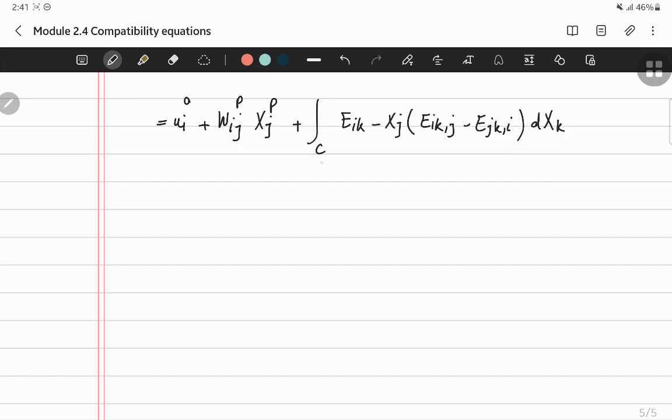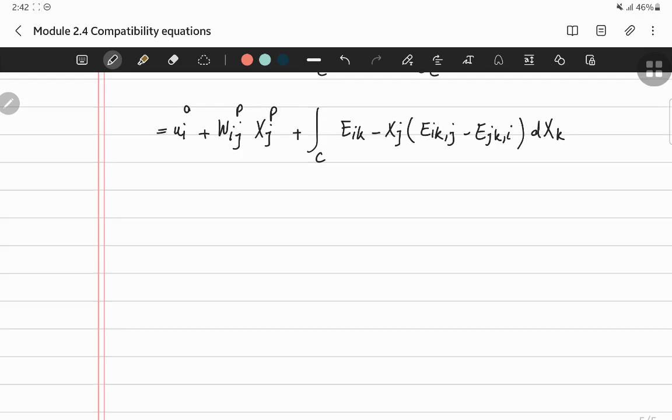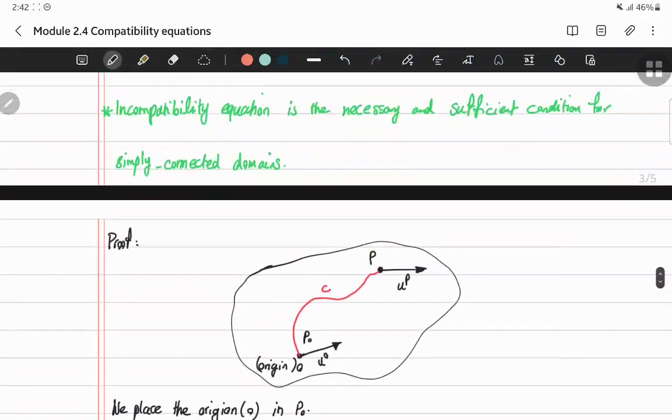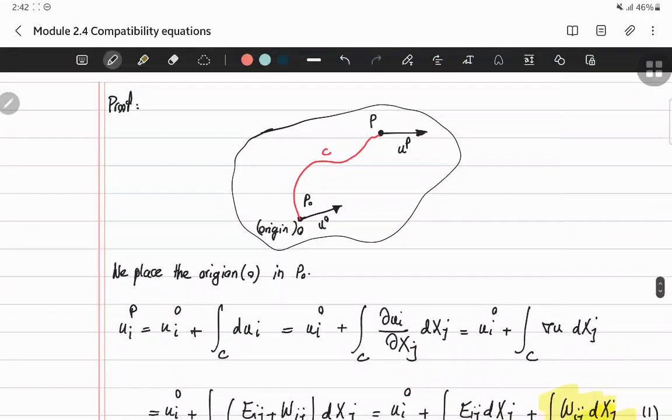And using the Stokes theorem, we can say that the integral here is independent of the path C, and it's only dependent on the last point. So it is not important which path you take; it is path independent.